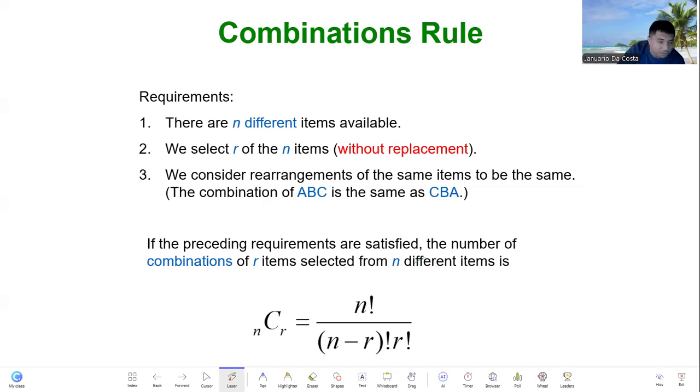Okay, Paulo Sarmiento, can you read this combination rule for us? Combination rule requirements. 1. There are n different items available. 2. We select r of the n items without replacement. 3.